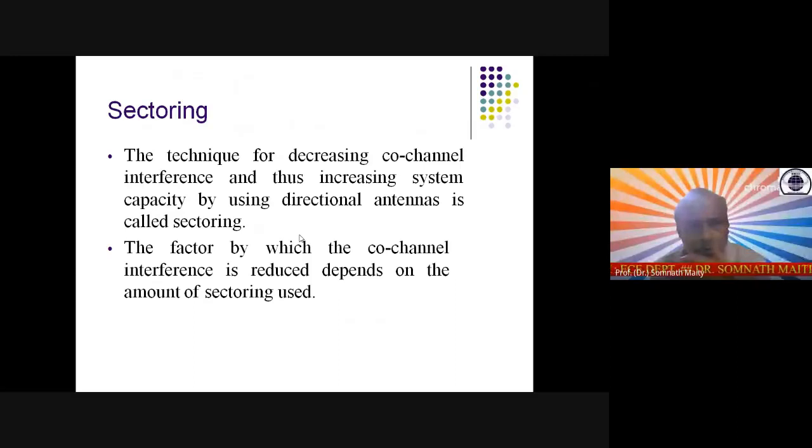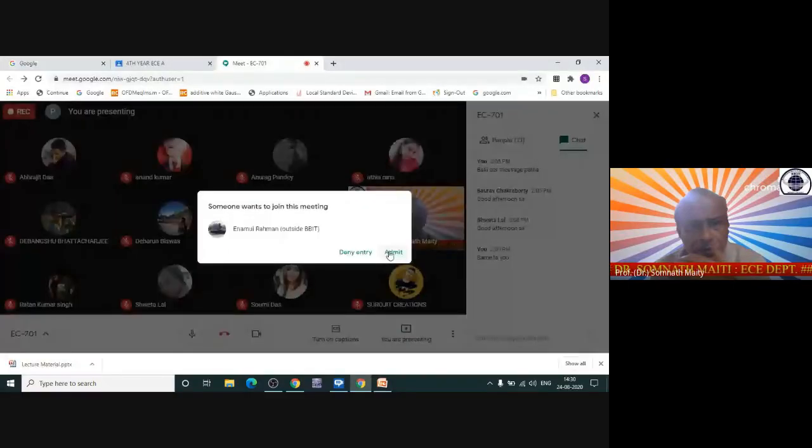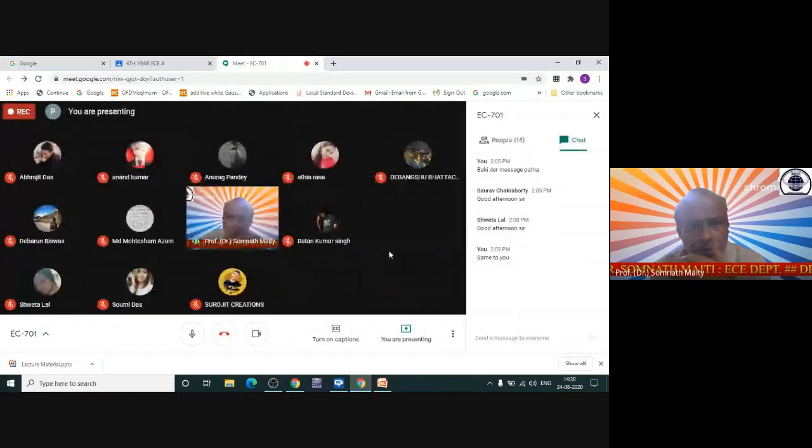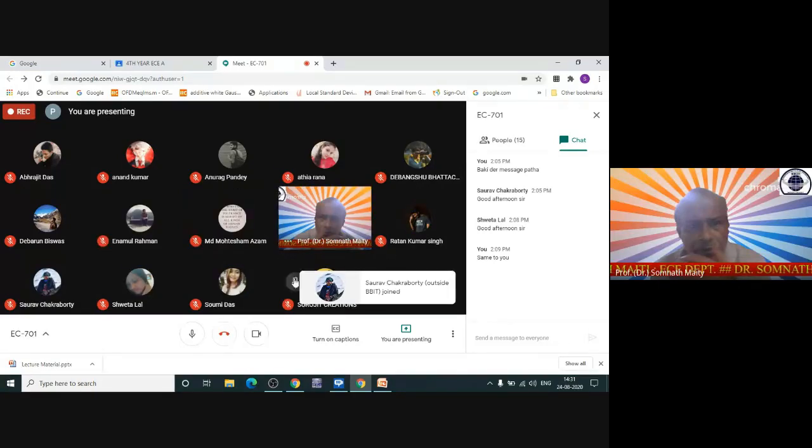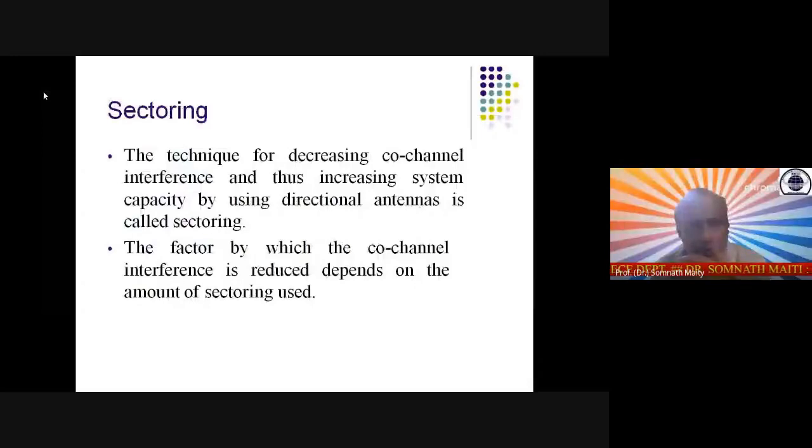If you use a directional antenna called a sectorial antenna, you can observe it at the rooftop. The factor by which co-channel interference is reduced depends on the amount of sectoring used.